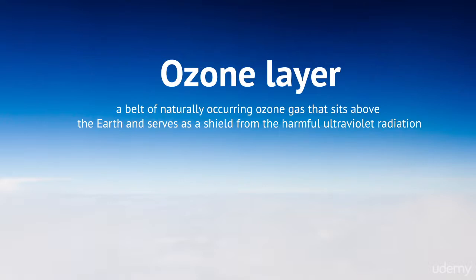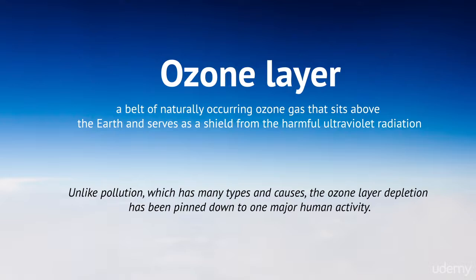Example: unlike pollution, which has many types and causes, the ozone layer depletion has been pinned down to one major human activity. In this sentence, we see the very nice phrase, ozone layer depletion. You will sound really smart if you use it somewhere.